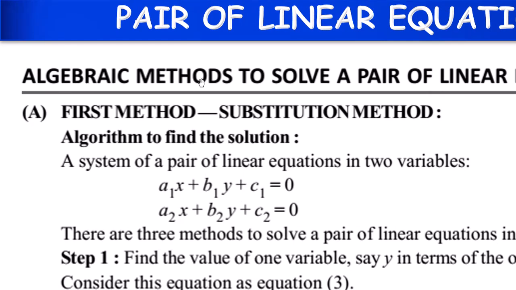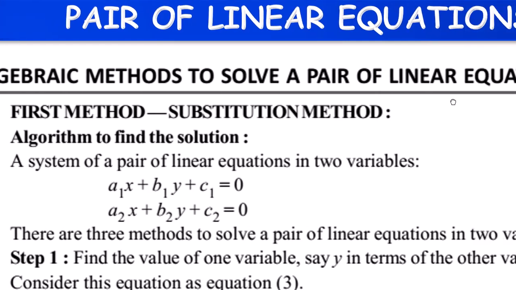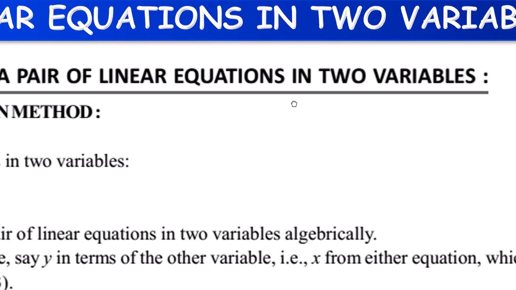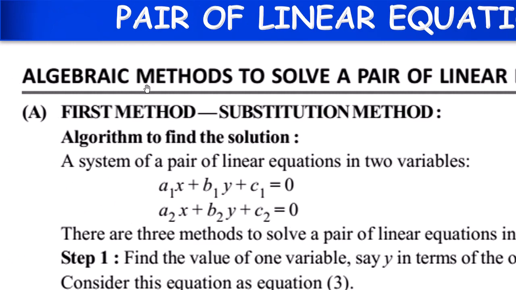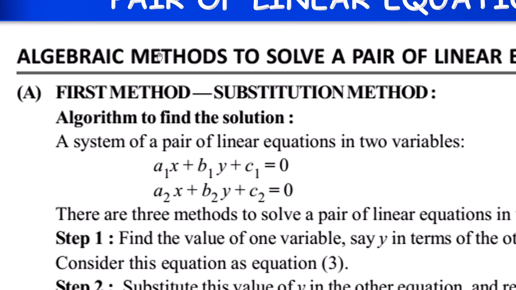Next, algebraic methods to solve a pair of linear equations in two variables. How we are going to solve a pair of linear equations in two variables using algebraic methods, we are going to learn. In these algebraic methods, the first method is the substitution method.